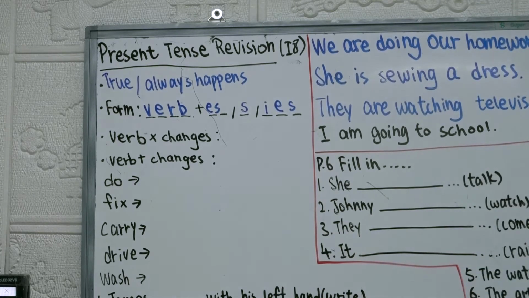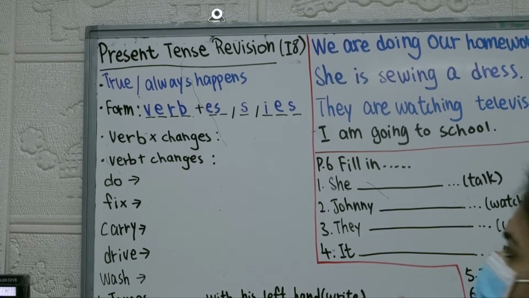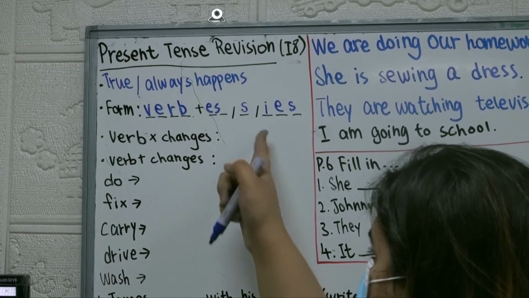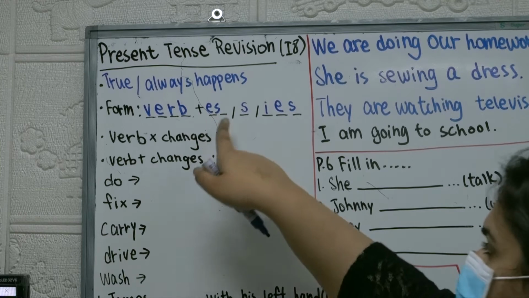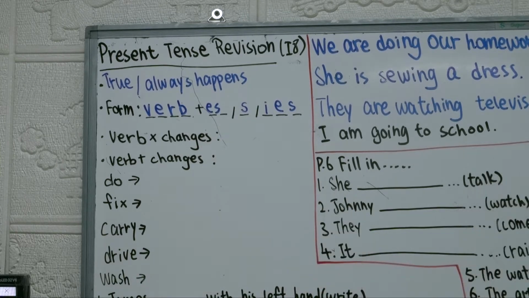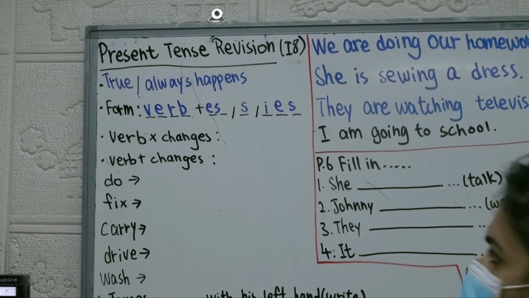Yes, if the verb ends with y, let's say consonant and y, we cross out the y and add ies. If it's just a normal verb, or if the verb ends with e, we just add s. For es, there are many. For example, if the verb ends with o, sh, ch, x, etc., we add es, right?